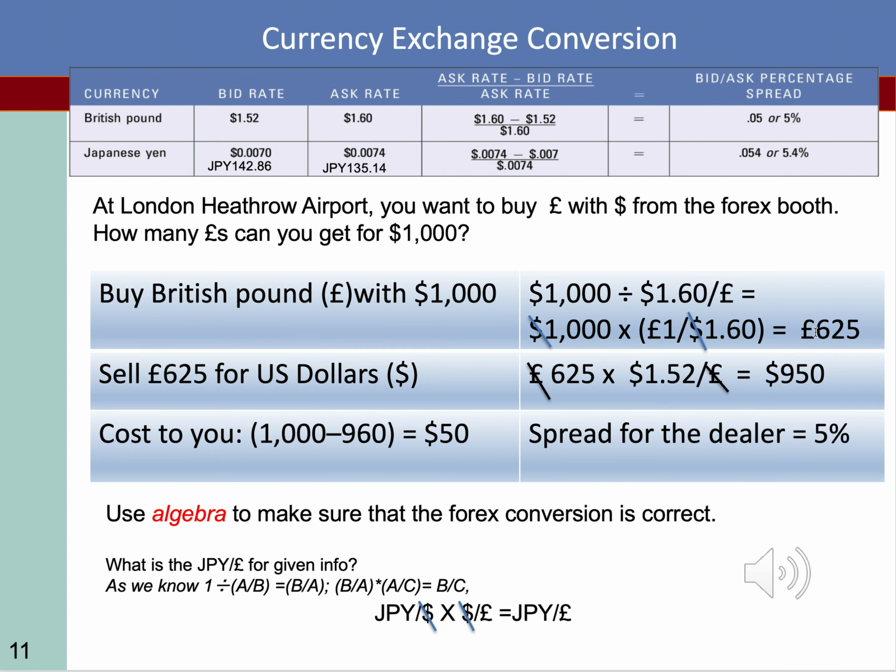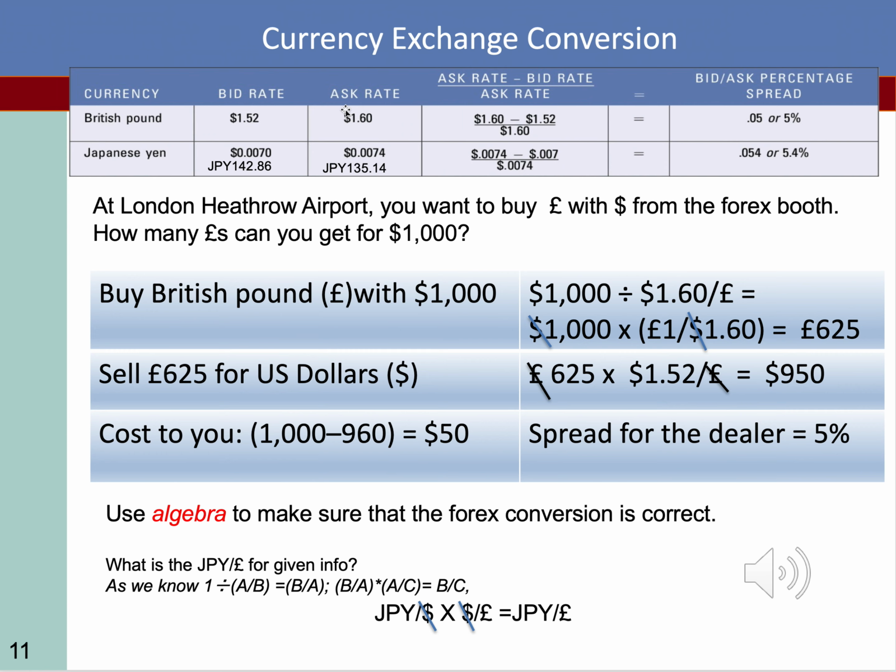You want to get the US dollar back. Now at the same currency booth, you want to sell your pounds and buy dollars back. Which quoted rate should you use? The bid rate or the asking rate?